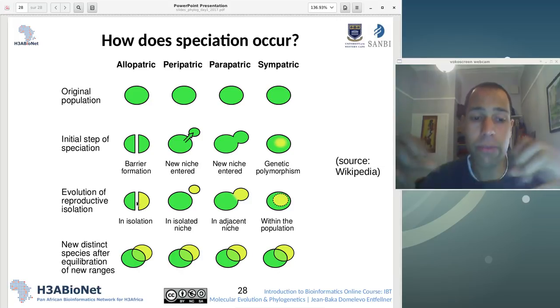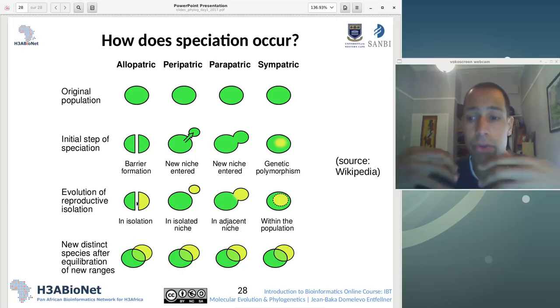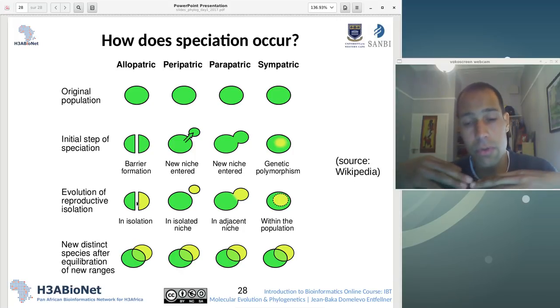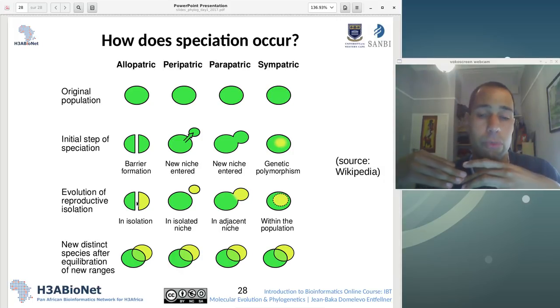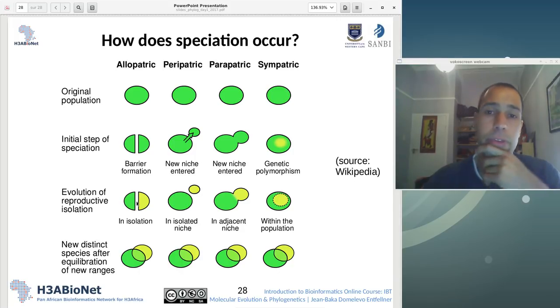The absence of gene flow makes it that the two different populations diverge to a point when they are no longer able to interbreed, even if they were put into contact together. So that's when we say there are two different species that are formed.